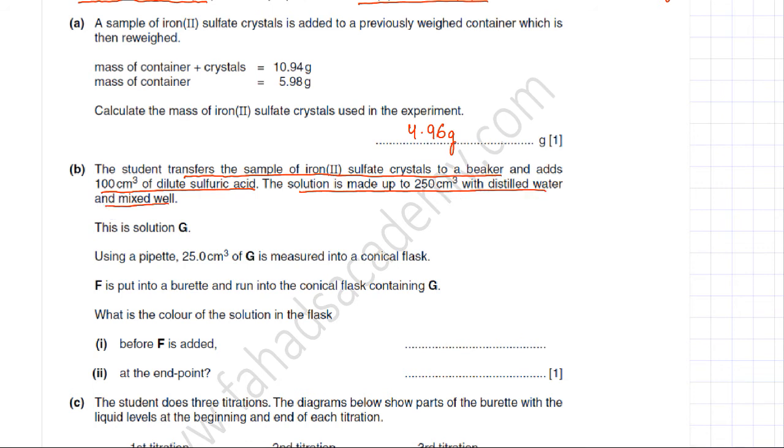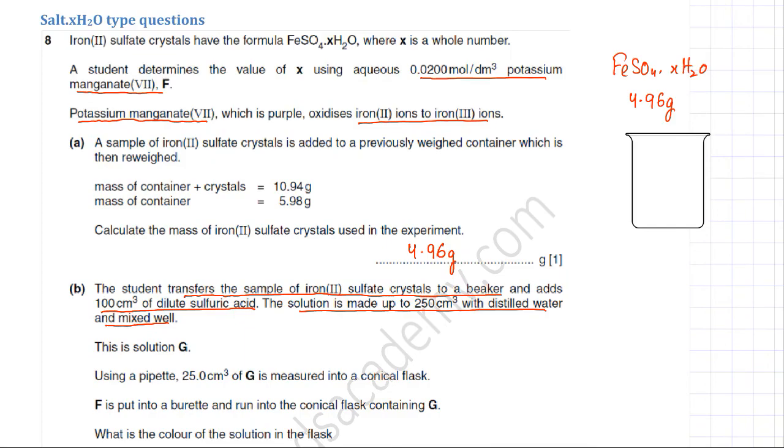So we're going to show this in a sketch, and draw the steps that have been performed in this paragraph. Here is our beaker, and we're going to add FeSO4, 4.96 grams, into this beaker, followed by 100 cm³ of dilute sulfuric acid to dissolve this hydrated salt, and a solution would be formed.